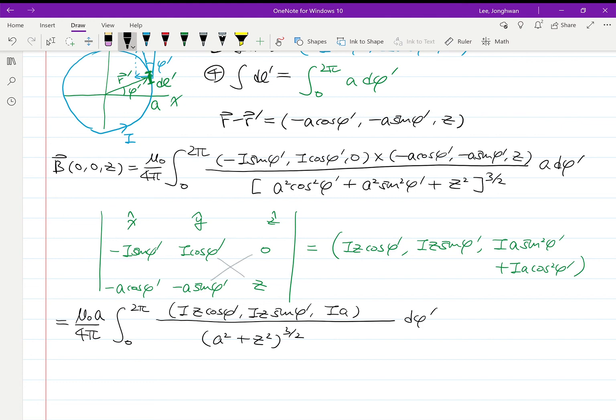So we have a vector inside the integral, so it means we have to do three integrals, for the x component, the y component and the z component separately.